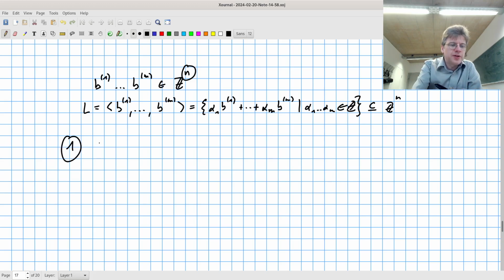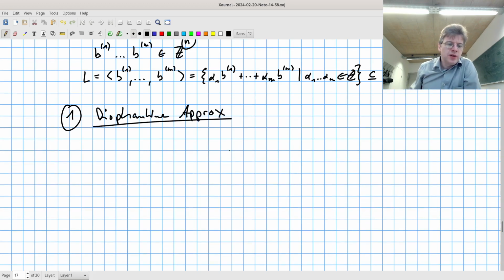The first example is Diophantine approximation. What is this? You can also say this is rounding backwards. So if you have a third, this is a rational number. You can't exactly express it in a decimal expansion, but you can approximately express it.